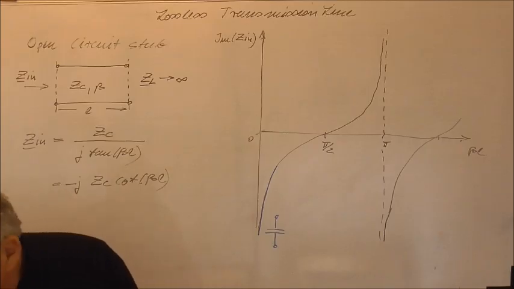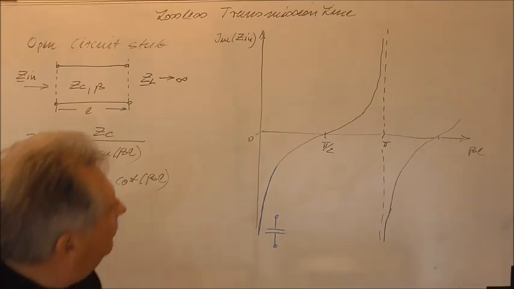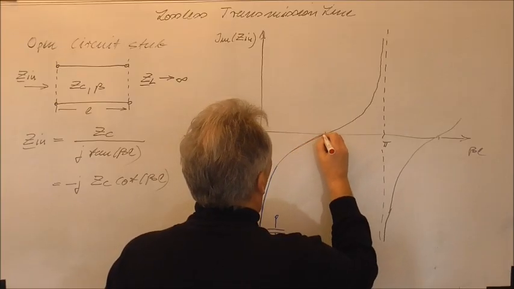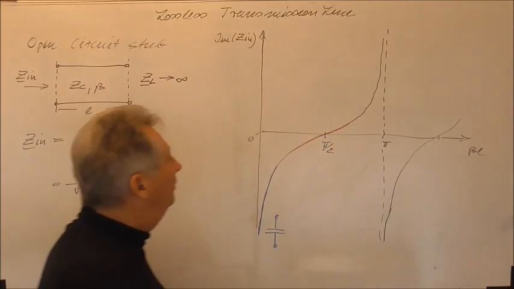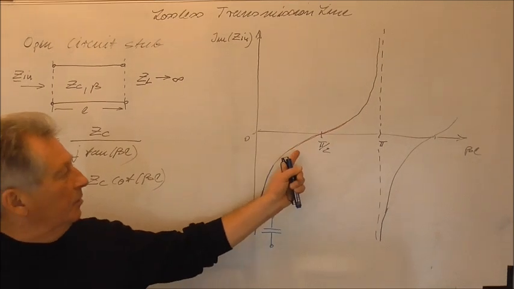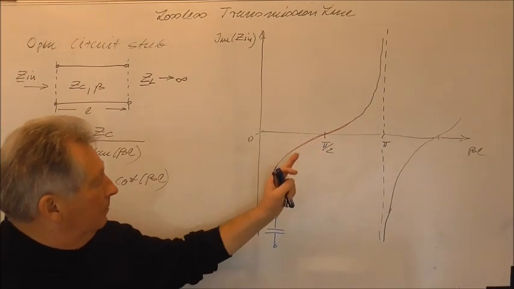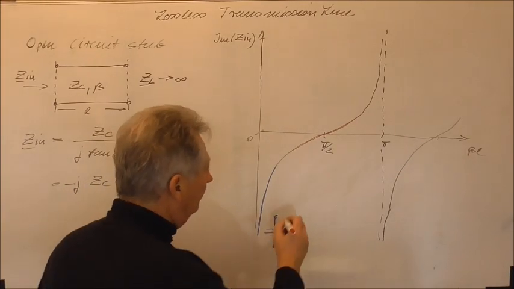And here, if we are in the region of pi over 2, then we undergo again a transition from the capacitive value to the inductive value.